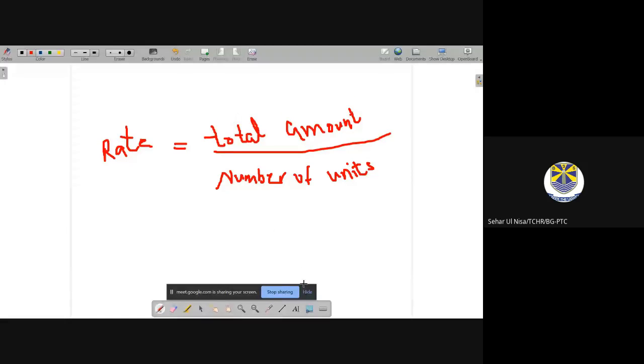Like this, I'm telling you. Rate is equal to total amount divided by number of units. Write this onto the side of the question. Done?